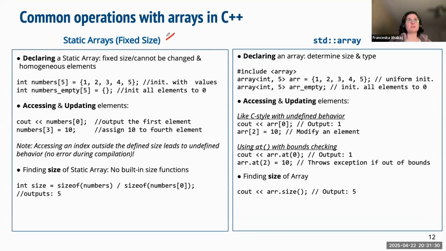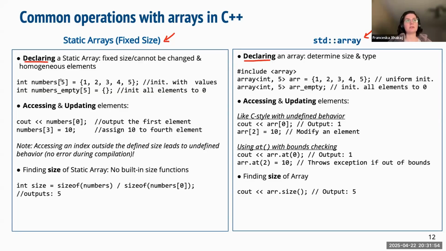These are the fixed size arrays that are C style. These are the standard library arrays that have a little bit more functionality. How do we declare an array? This is our first step. If we're working with static size arrays, this is very similar to C. You are required to have homogeneous elements. The size is fixed. So you do something like int numbers[5].